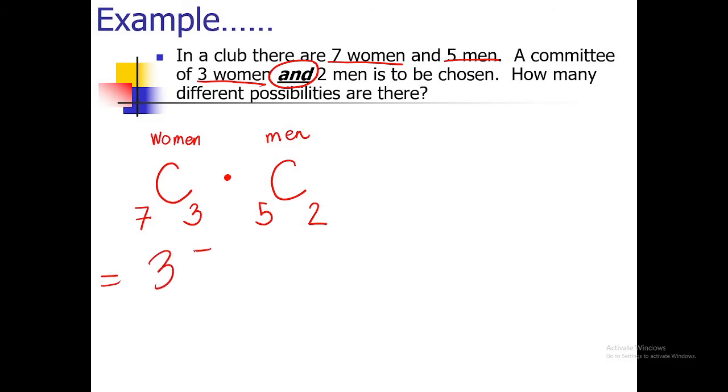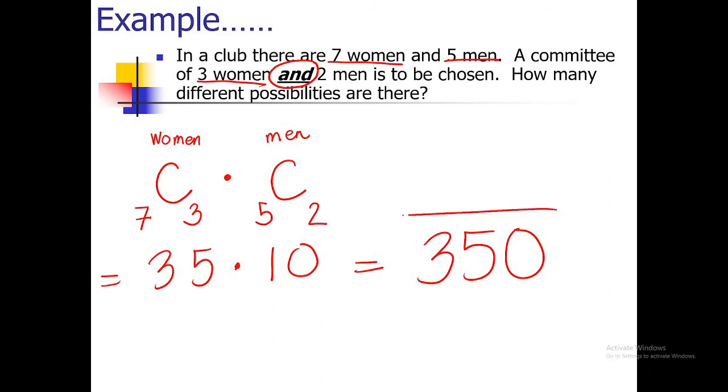What about the combination of 5 taken 2 at a time for the men? 10. Multiplying 35 and 10, how much do we get? 350. Therefore, there will be 350 different possibilities.